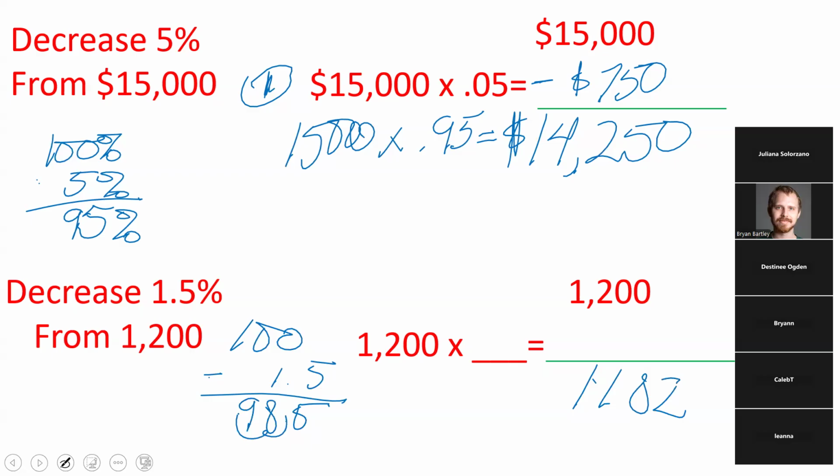Move that decimal place over. 1,200 times 0.985. My new number is 1182. Okay, so that's how we're going to be going up and down by percentages. Questions, comments, concerns about that?